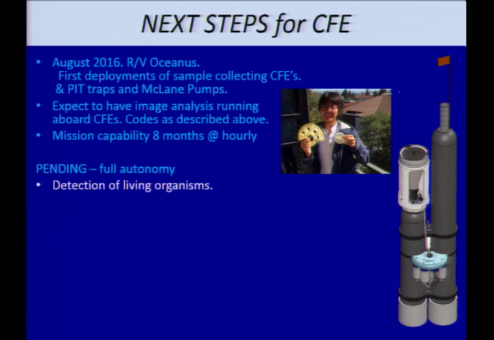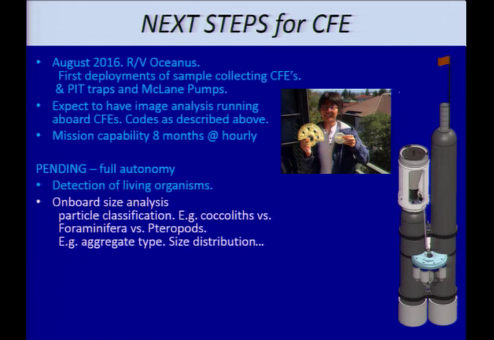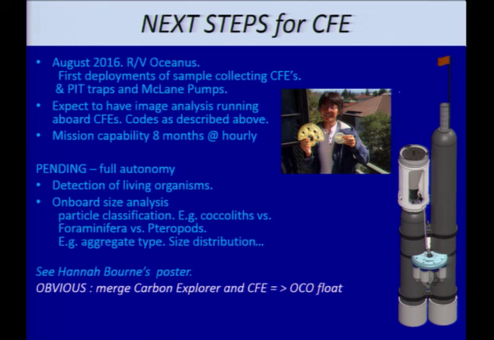Pending detection of living organisms. There are swimmers, and we know how to do that. You just need to get funding. Onboard size analysis. Hannah Bourne has a poster where she's exploring how we're going to do that. And then obviously, merge the particle concentration optics with the flux optics on the same platform.